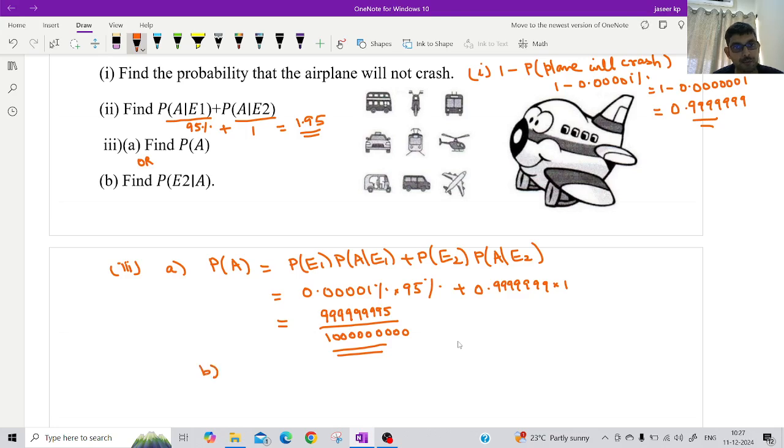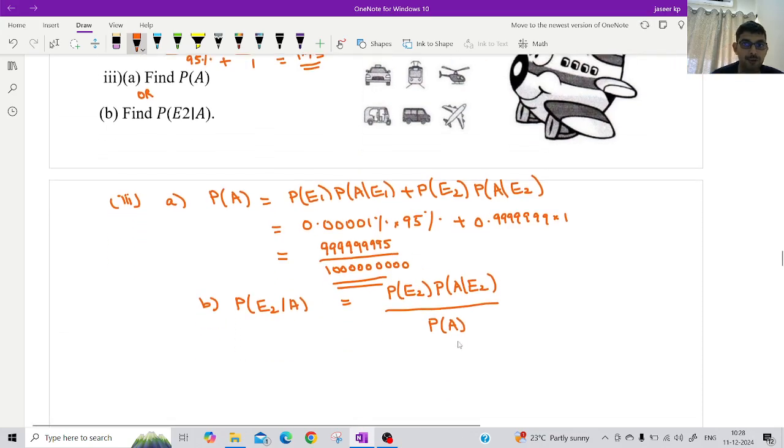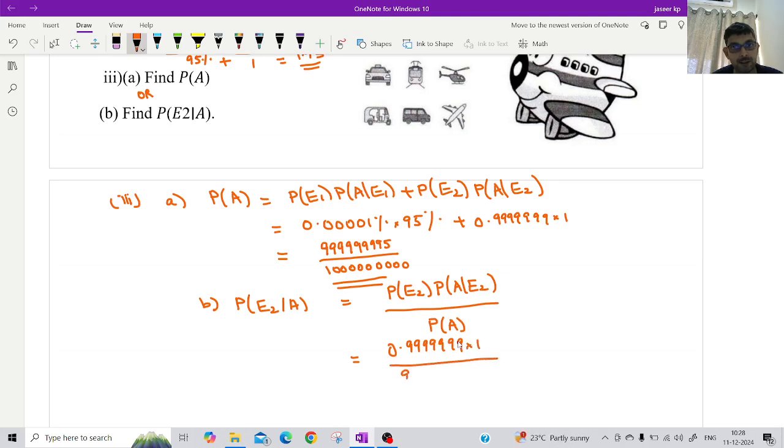Now the second part, P of E2 given A. So we got P of A, so just applying the Bayes theorem, P of E2, P of A given E2, divided by P of A. So P of A already we got, so P of E2 is 0.97 times 1 divided by this particular number which we got in the first part.